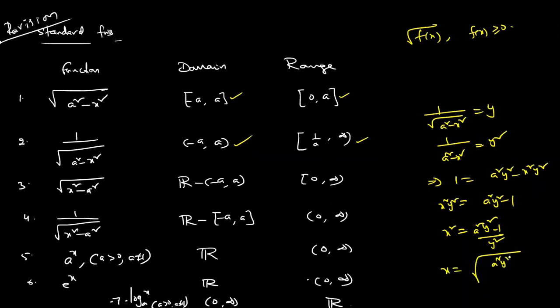That means like this is coming. So take it strictly greater than or equal to 0, and you can get the result. So this is the result. These are the formulas.